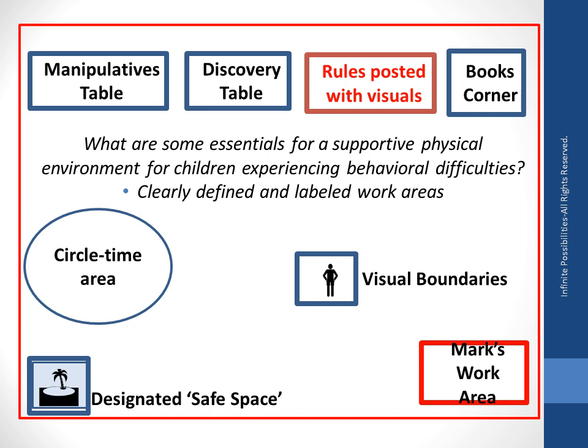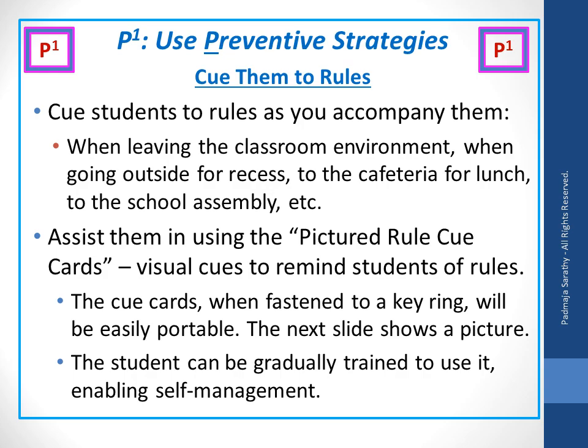Of course, this is set up by the teacher and the para-educator, and the child can move to that place, calm down, and then return to instruction. Sometimes we may have an additional activity workstation for some children to calm down and complete an activity. That's why you have that picture of the marked work area.